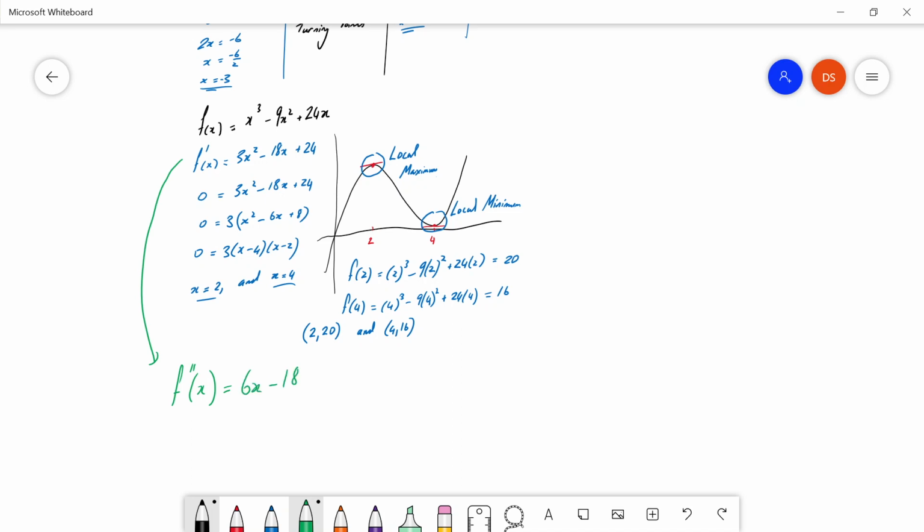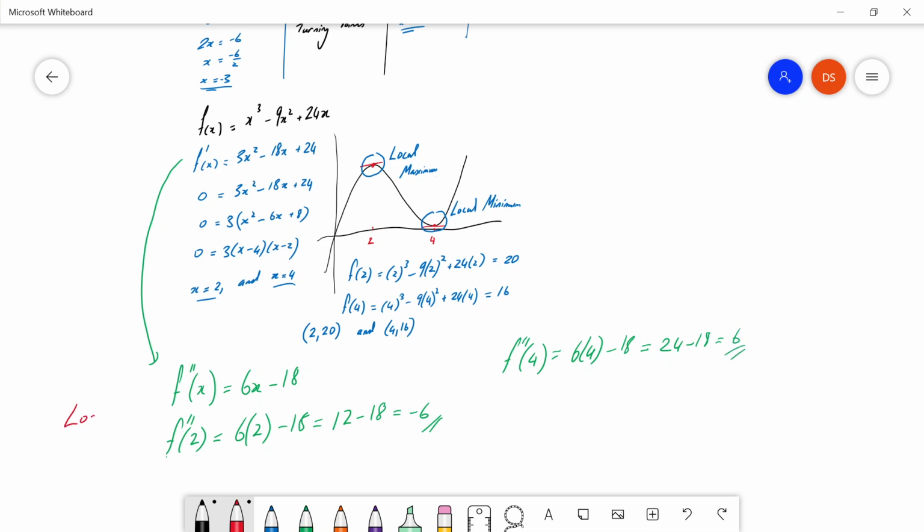Let's check the 2 points. First off, let's check the value of the second derivative at 2. It is going to be 6 times 2 minus 18. It is equal to negative 6. If we check the 4, that is 6 times 4 minus 18. That's equal to 6.